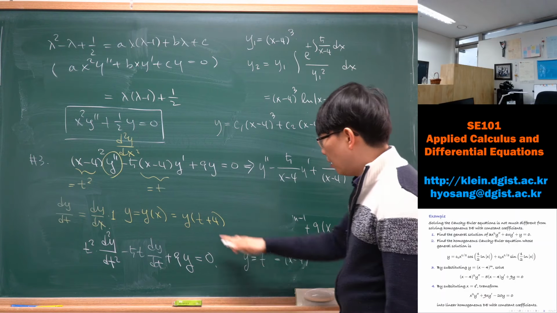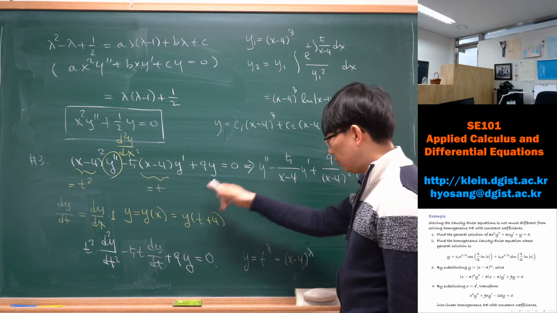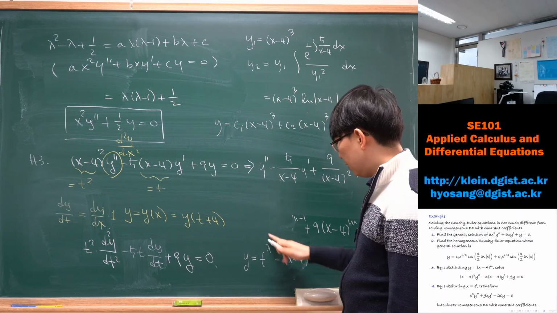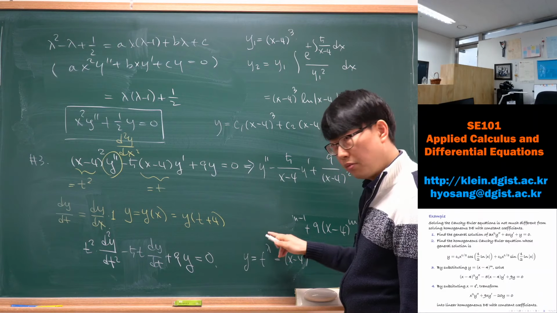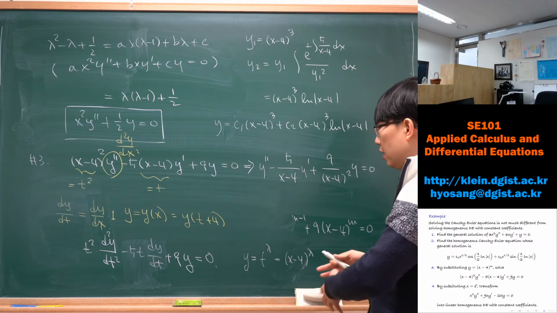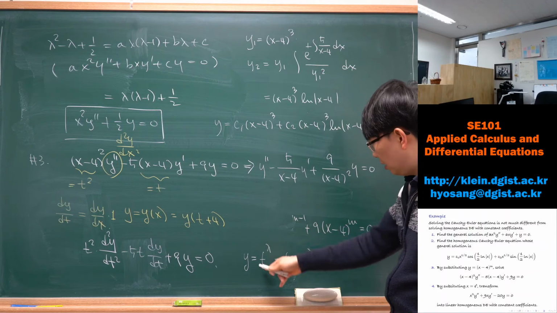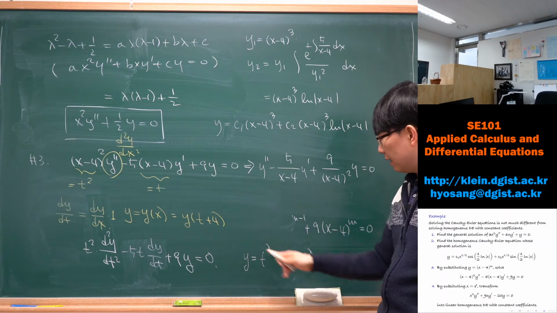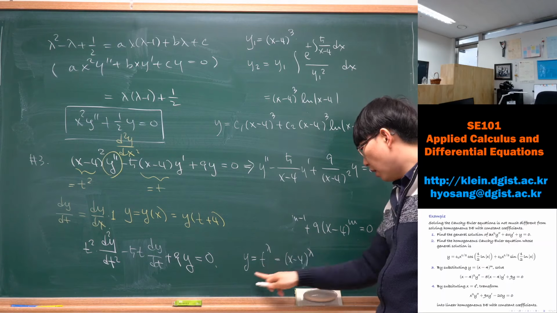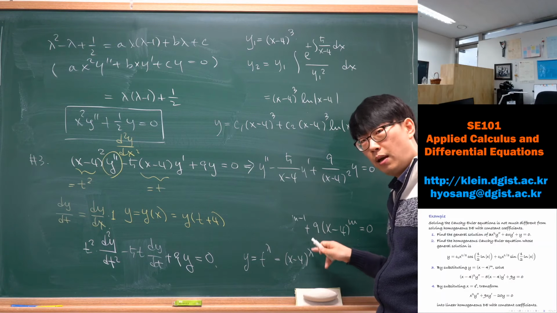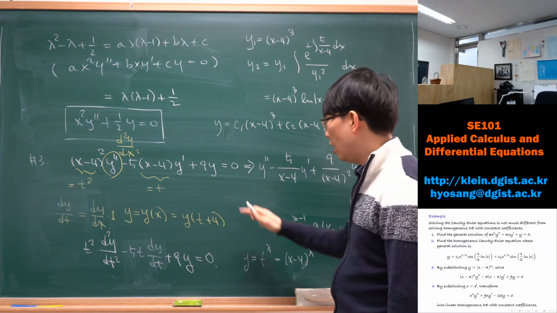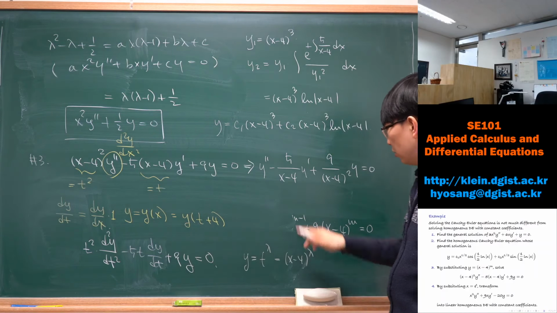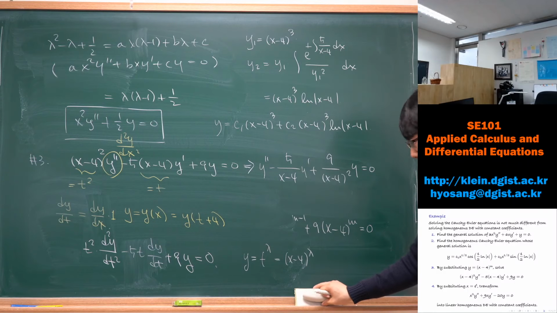So we can go through these steps to find a solution of y in terms of t, and then after finding the general solution, replace t with x minus 4. But I can simply start with y equals x minus 4 to the power of lambda as the form of solution to the given differential equation, and right away find the solution using this formula.